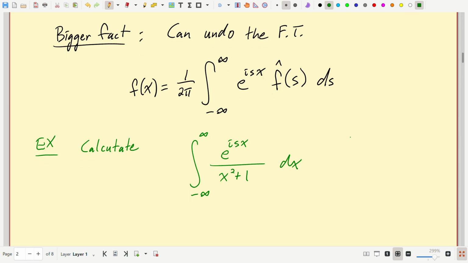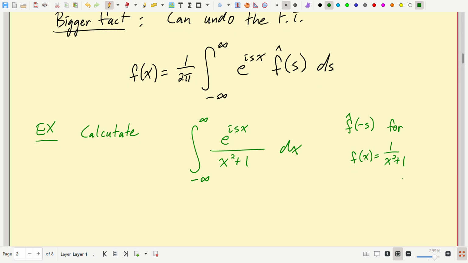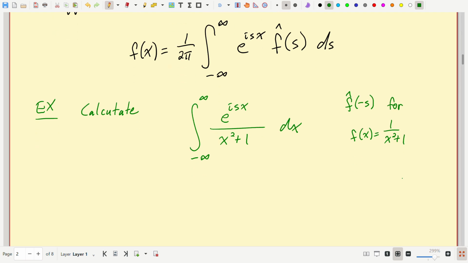That's f hat at minus s for f of x equals 1 over x squared plus 1. And I want to calculate this when s is positive.